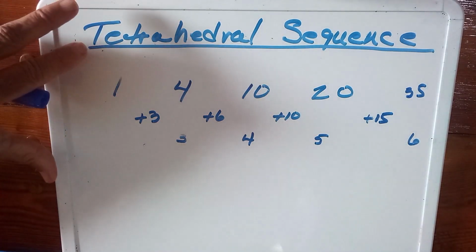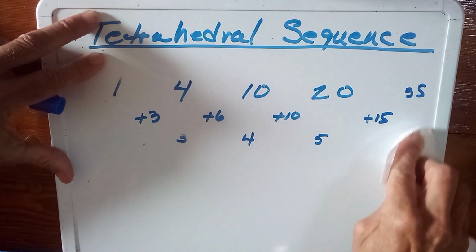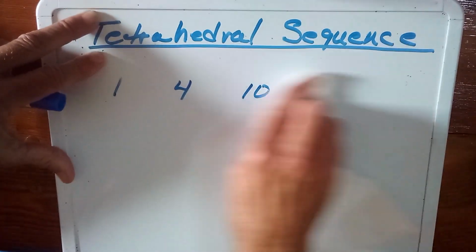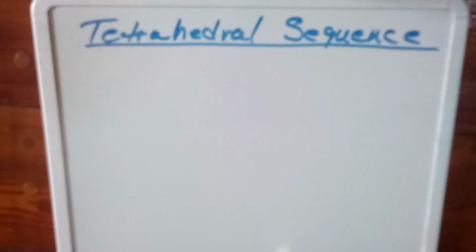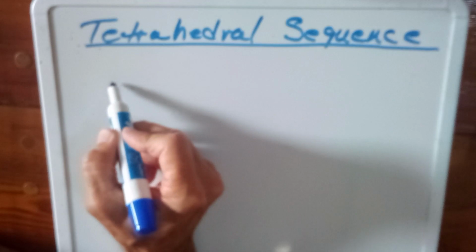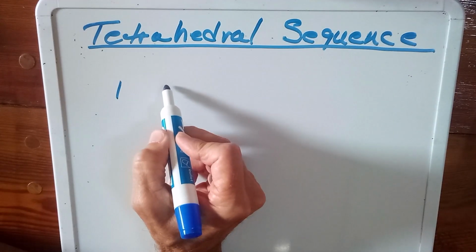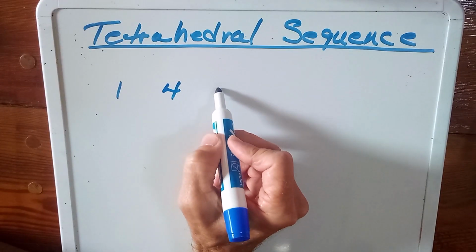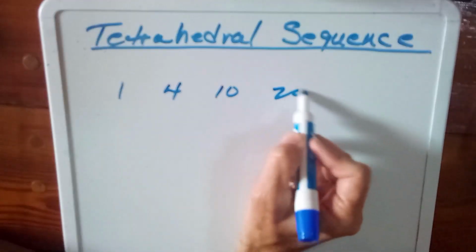I'm going to show you one other way to do this. I'm going to go ahead and compress this first line. You would do it that method if you are asked about the whole series of sequences it takes to arrive at the tetrahedral sequence, because the sequences prior to it are not a tetrahedral sequence, only the top is. So let's repeat our tetrahedral sequence: 1, 4, 10, 20.